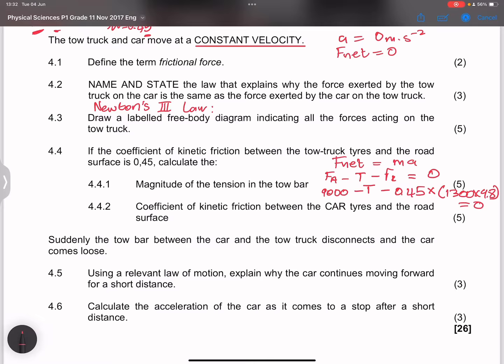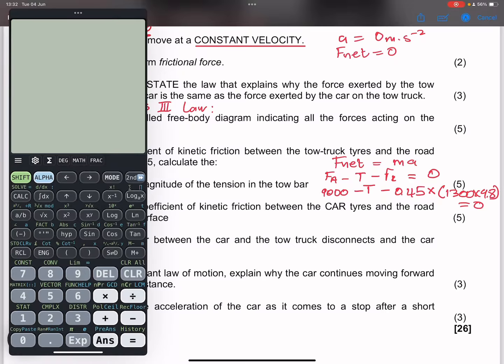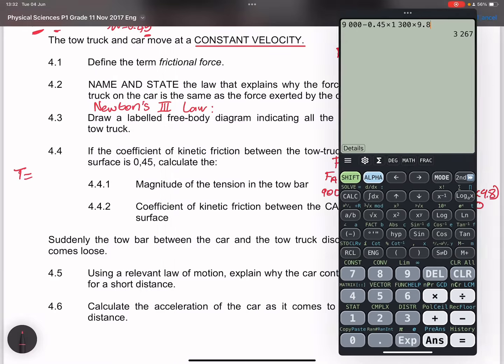So which means what should be our value for the tension? Right, please, if you don't mind, I'm just going to complete it onto this side. So I'm going to say 9,000 minus 0.45 times 1,300 times 9.8, and I will get a value of T is 3,267.